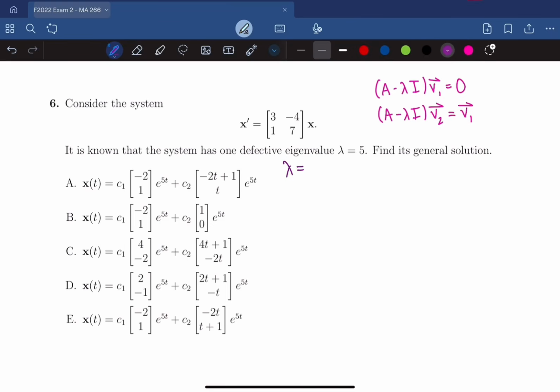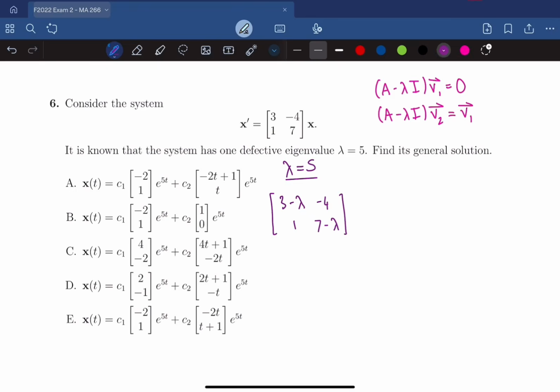So they tell us that our eigenvalue is lambda equals 5. And so what we can do is find the eigenvector. To do that, we're just going to start by plugging it in. So we have 3 minus lambda, and then 7 minus lambda.